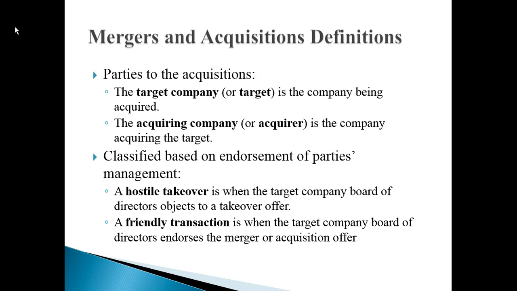So in a hostile takeover, the target company's board of directors object to the takeover. They are not in agreement to the takeover. So this is called a hostile takeover. And then a friendly transaction is when the target company's board of directors endorses the merger or the acquisition offer.